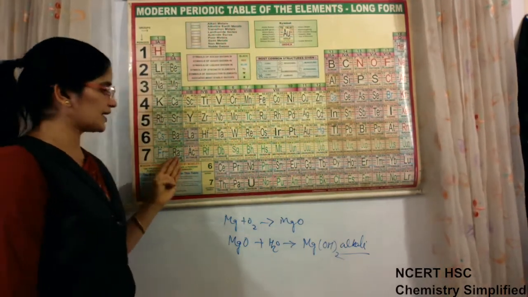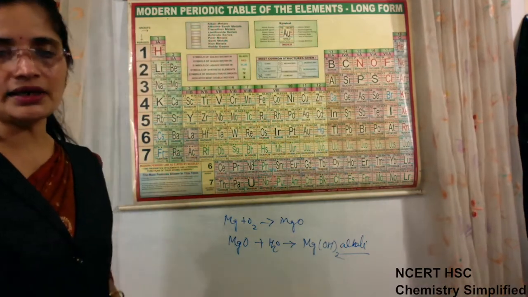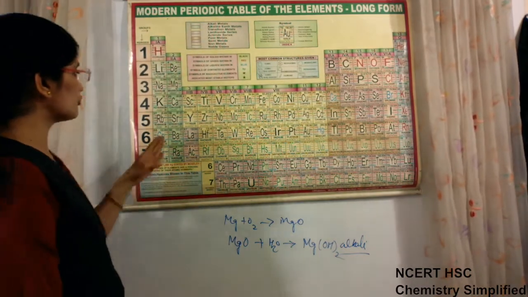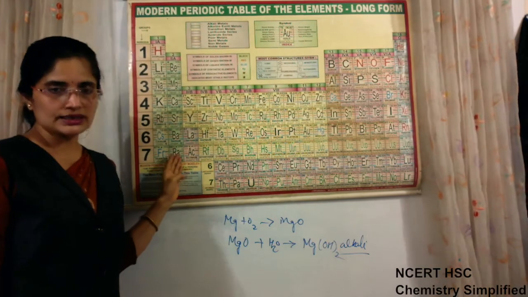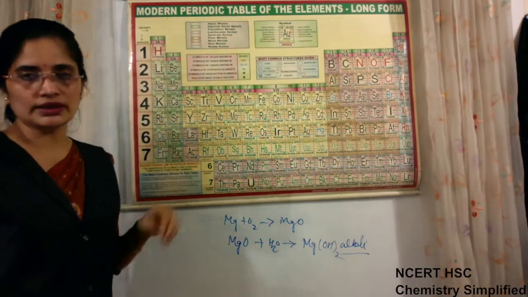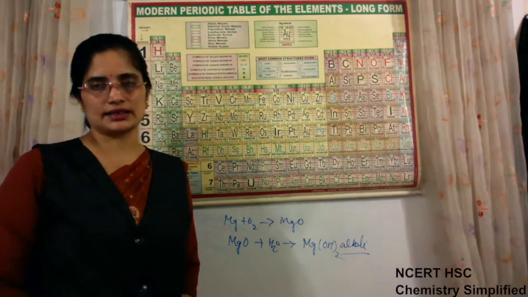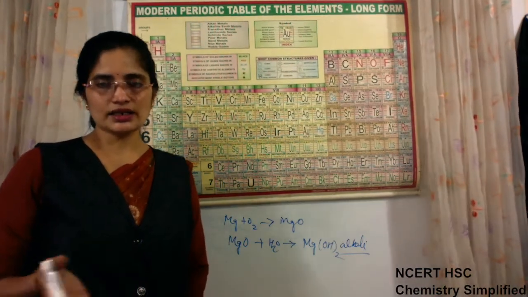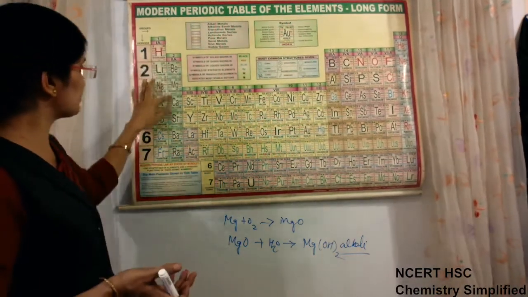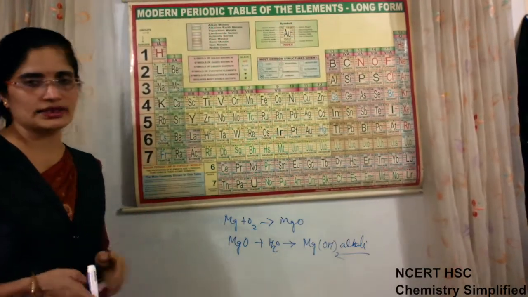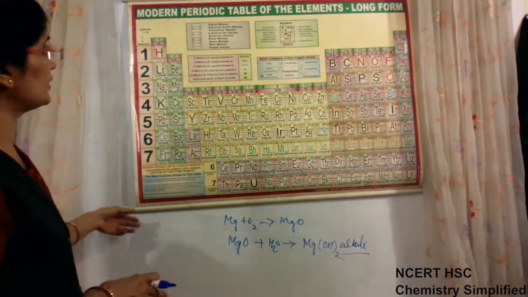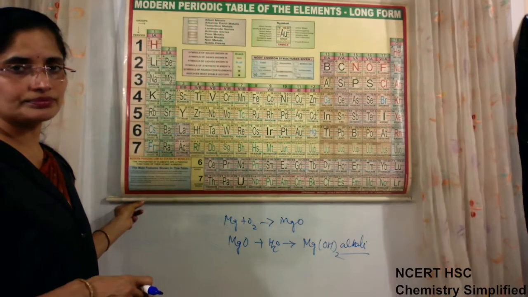Group number 2 is known as alkaline earth metals. They also form alkali, but they are also found in the crust of the earth. That is why they are called alkaline earth metals.